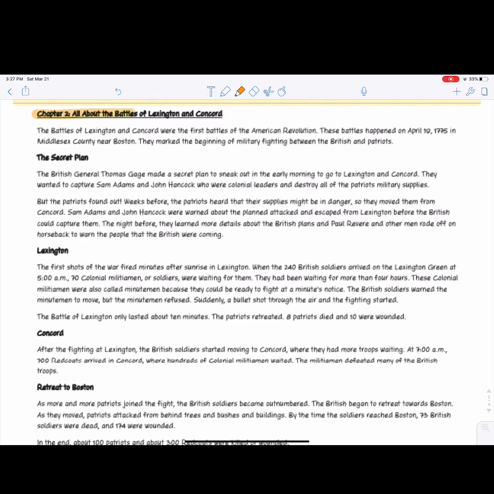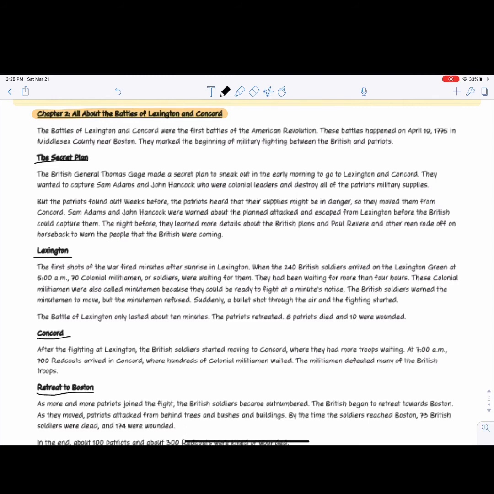Chapter 2, all about the Battles of Lexington and Concord. This is Naomi's subtopic of the American Revolution. Just like you have a subtopic of the Texas Revolution, this is her subtopic. Okay? Notice there are multiple paragraphs, and you notice that there are also titles for each of her paragraphs.